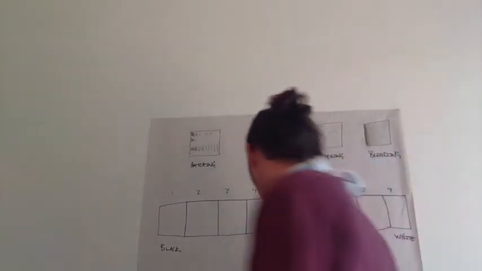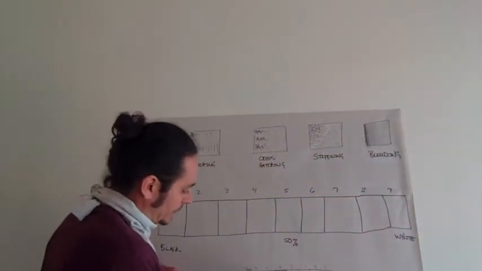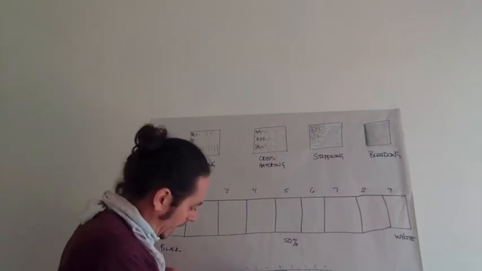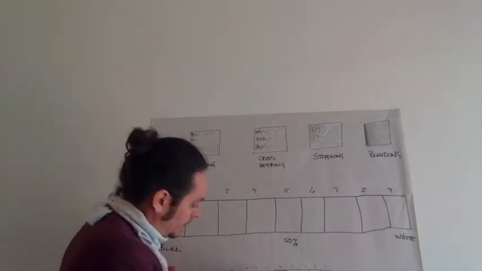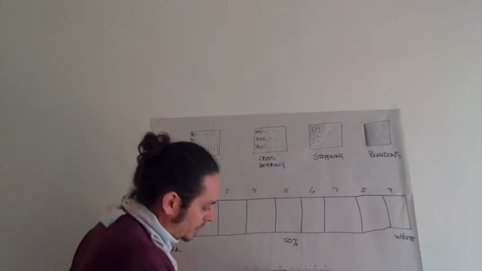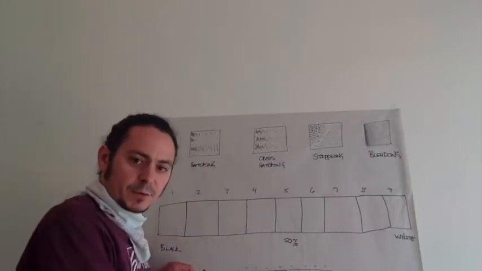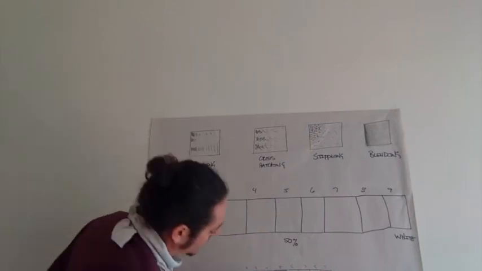So now the next thing we're going to do is take the dark section, and in the number 3 box, we're going to draw the number 3 box a little bit darker than number 5 and a little bit lighter than number 1. So somewhere in the middle of that.